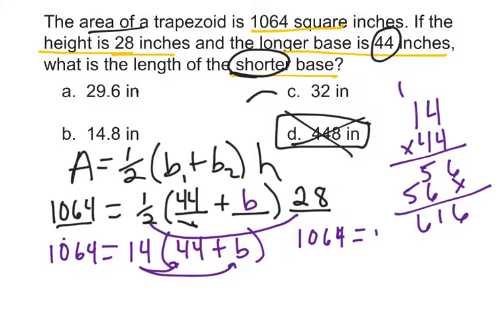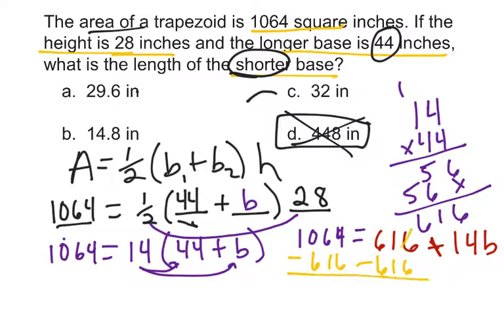So we have 616 plus 14 times b. Again, subtract 616 from each side, and we get 448 equals 14 times what?